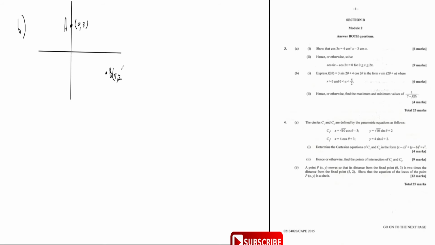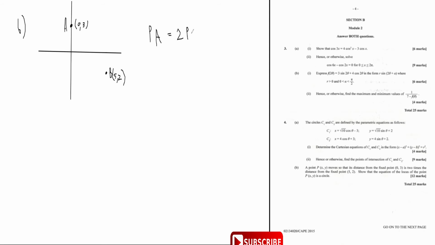And it says you have some point P that is moving so that the distance from the fixed point 0, 3 is 2 times the distance from the point 5, 2. So the distance right here, the distance from P to A is 2 times the distance from here. So what they're saying is the distance PA is equal to 2 times PB.